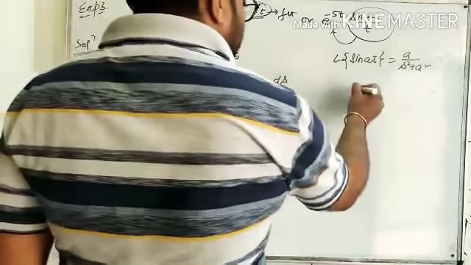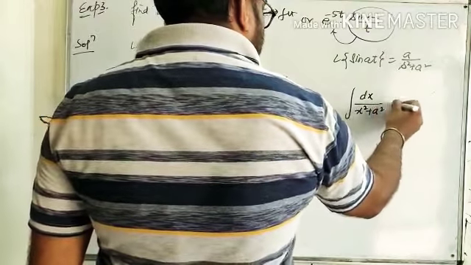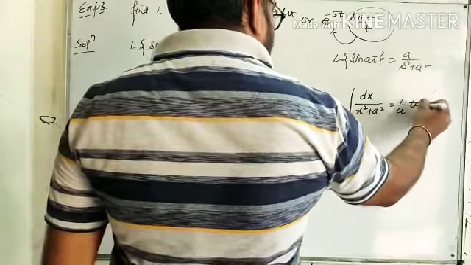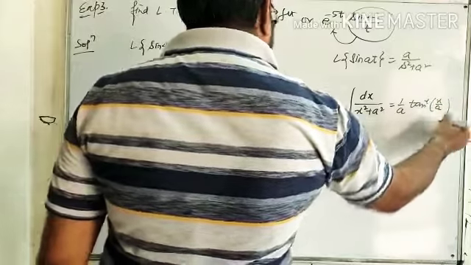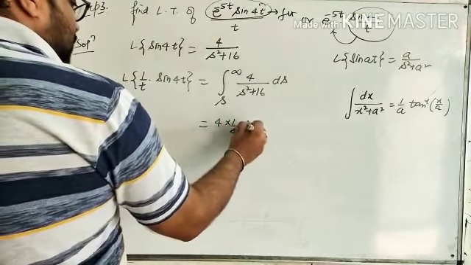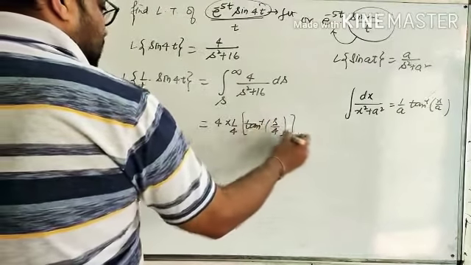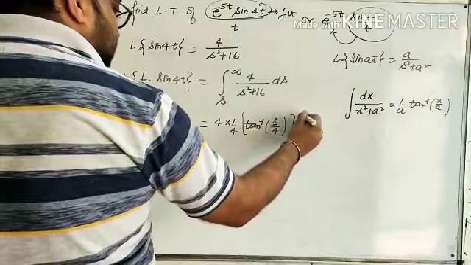So we know the integral of dx upon x square plus a square is always equal to 1 upon a tan inverse x upon a. So by this, 1 upon 4 tan inverse s upon 4 under the limit s to infinity.